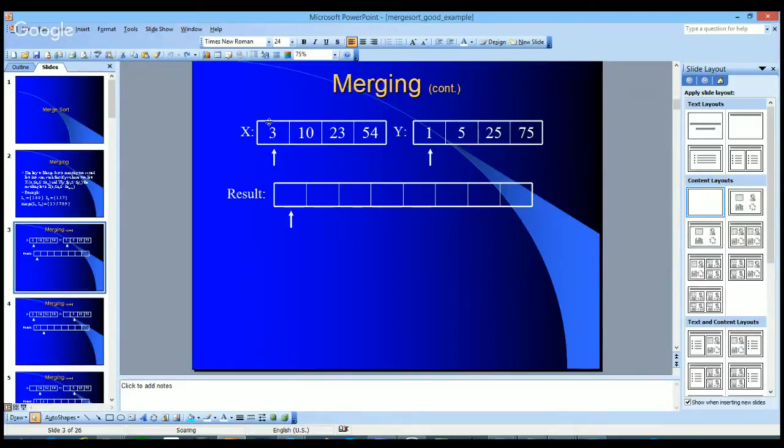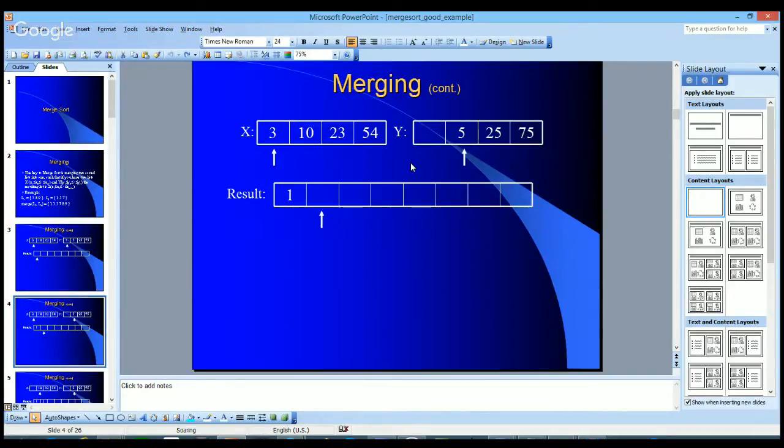For example, here from the first list, the first element 3 is compared to the first element 1 of the second list, and the smallest one is placed in the resulting merge sorted array. After comparing the first two elements, 1 is the smaller one, so 1 is placed at the beginning.